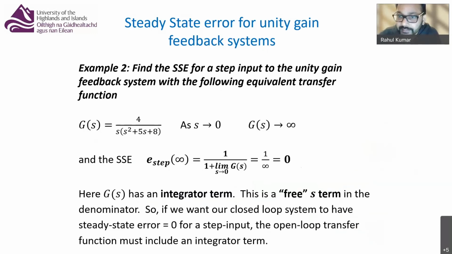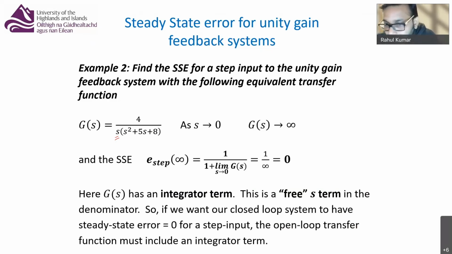So in this example, I have taken the same transfer function, 4 divided by s square plus 5s plus 8. I have just added an s in the denominator. I've multiplied it by 1 divided by s. So what is the effect of this? Let's see.